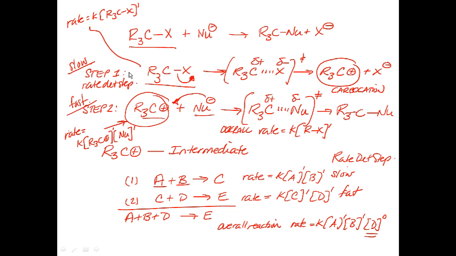So the kinetics initially showed that the mechanism was different for tertiary halides, and then it also showed that there was a two-step mechanism with the alkyl halide forming the carbocation as the rate determining step. Okay. So we have a different mechanism. Come back to this carbocation in a minute. Well, I guess we'll come back to it right now.